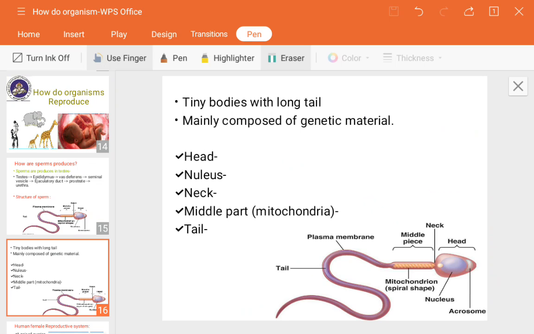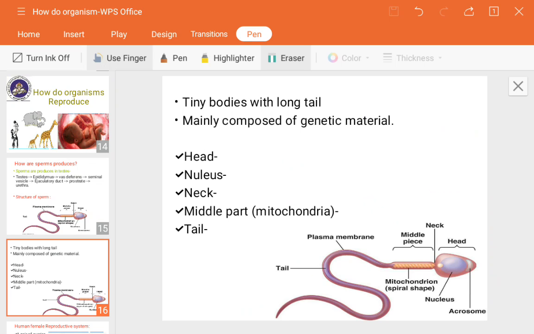So here it is a tiny body with a long tail, mainly composed of genetic material. As I've said, the head consists of a nucleus, which means it consists of genetic material in the form of chromatin material, DNA and the genes.